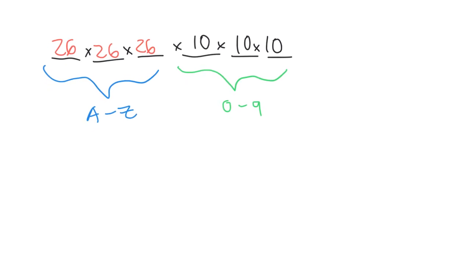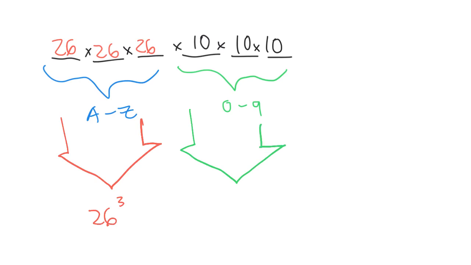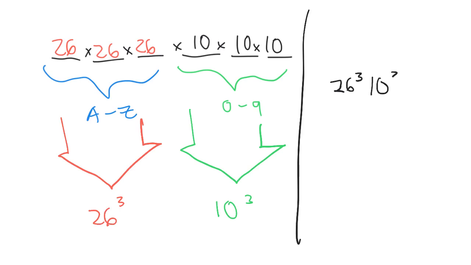And it's true, because in reality, this whole thing right here is 26 cubed, and this thing right here is 10 cubed. So we're just dealing with 26 cubed times 10 cubed. And in a way, that's the answer. But when you look at the answer choices, that doesn't quite come up.